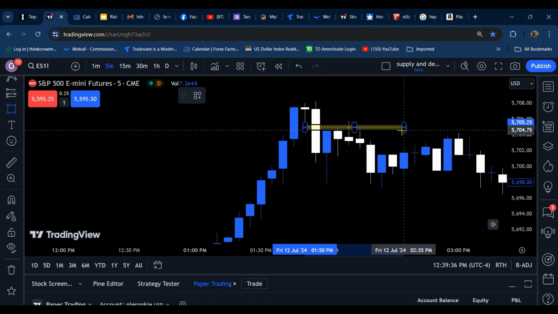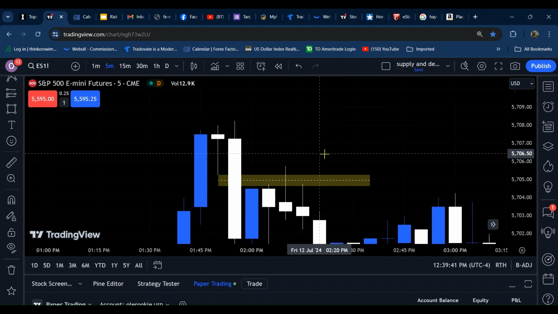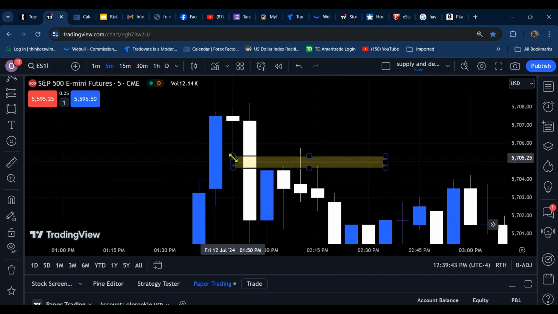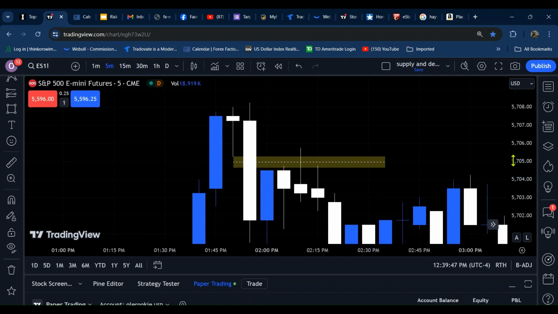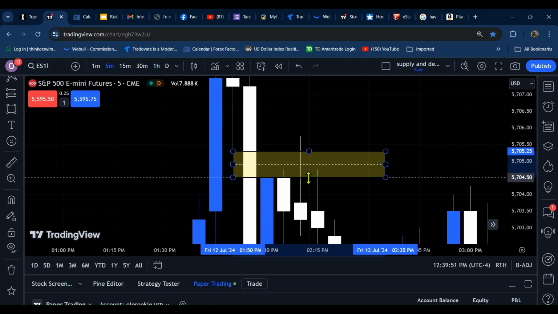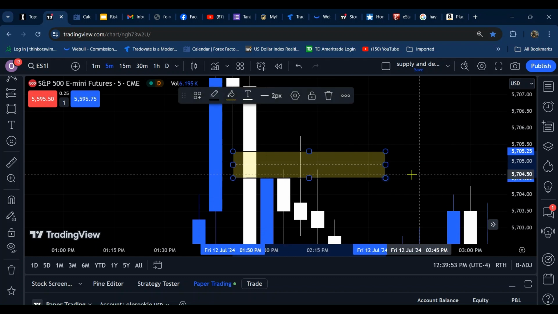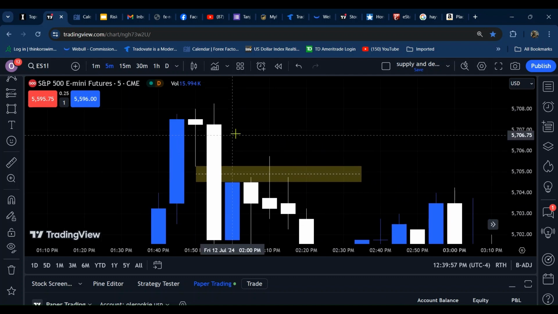Little bitty one. Zoom it in so we can see it better and make sure I get my lines drawn right. Yeah, the bottom of that wick right here and the top of this blue candle there is our fair value gap. Right there. In that case, our stop loss would go up here.